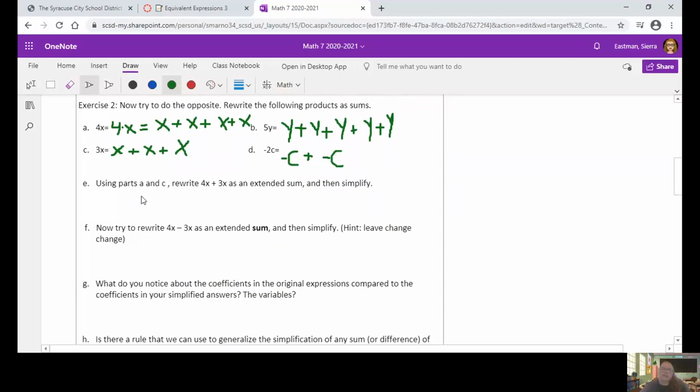Using parts A and C now, okay, so the 2 expressions that we created here, they want us to take this bigger sum and create an extended sum. So this 4x, we've kind of already extended that. We got it up here, x plus x plus x plus x. So I'm going to copy that first.